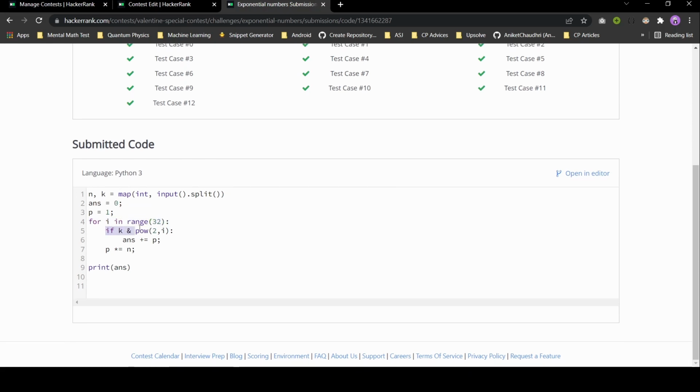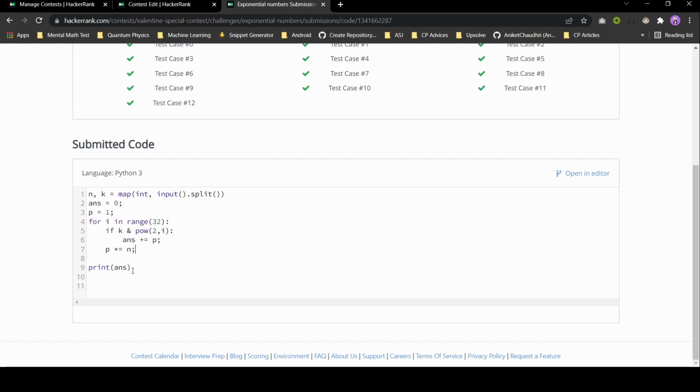And you check if the particular ith bit of k is 1 or not. If it's 1, you add that number and you are multiplying p every time, so you get the correct power, and finally you are printing the answer.